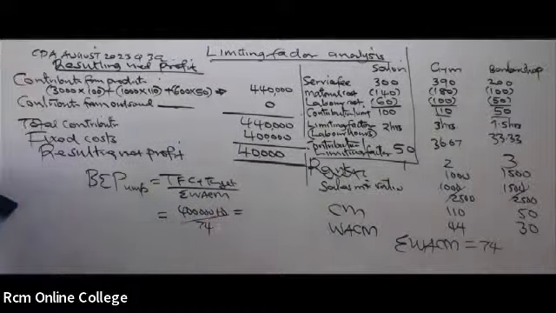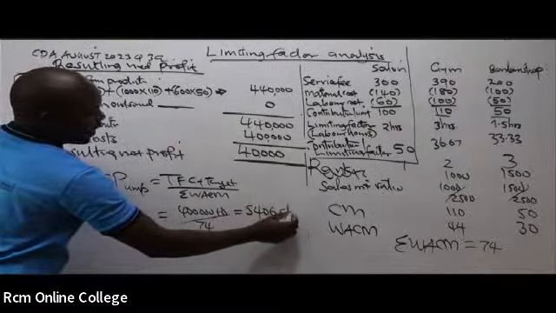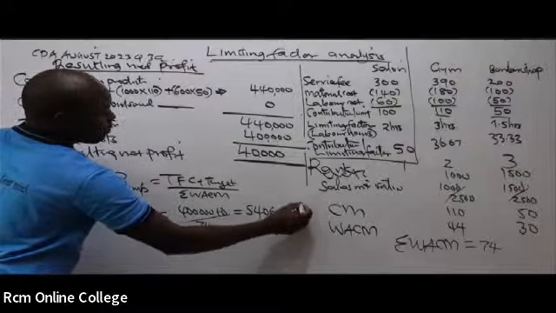What are we getting? I'm actually covering the whole topic. 400,000 divided by 74, rounded off to the nearest whole number, is 5406. 5406 clients, because we are dealing with human beings.